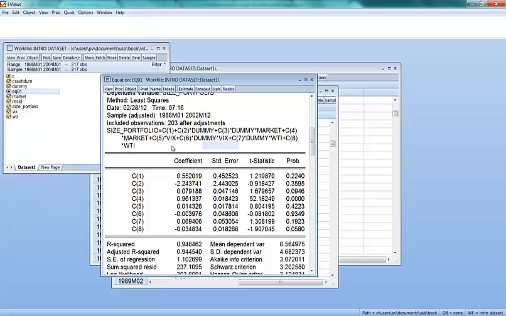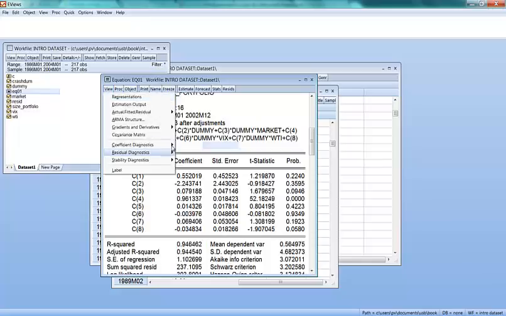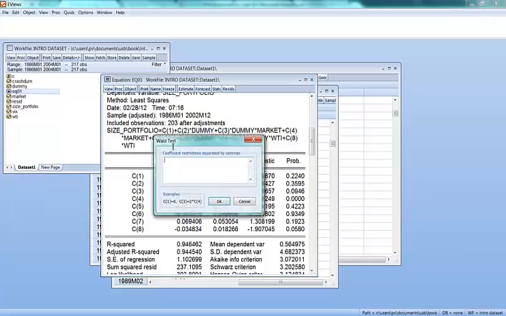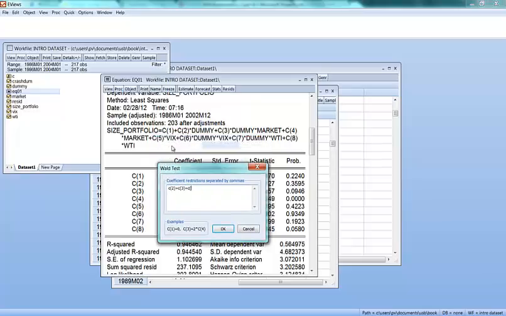So it seems that this idea was actually not a very good one. If we want to know for sure, however, we would have to conduct an F-test, coefficient diagnostic Wald test, where all the variables related to the dummy, so C2, C3 in this case, C6 and C7 would be equal to 0.